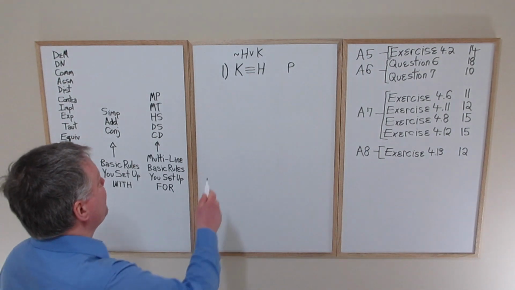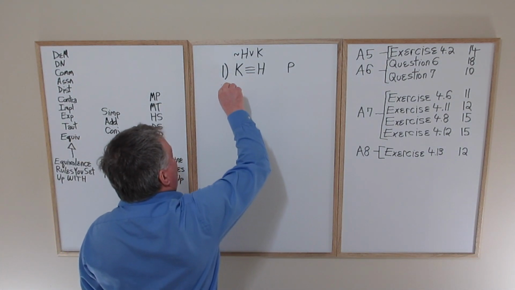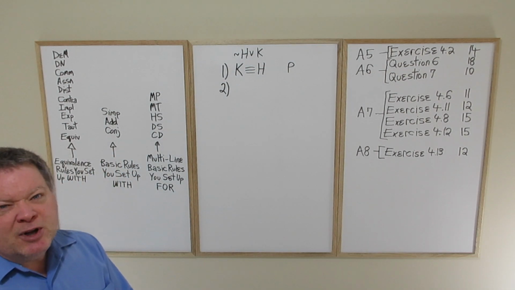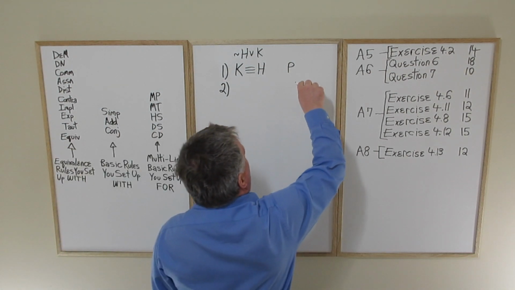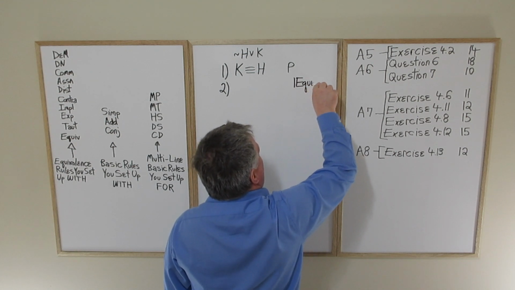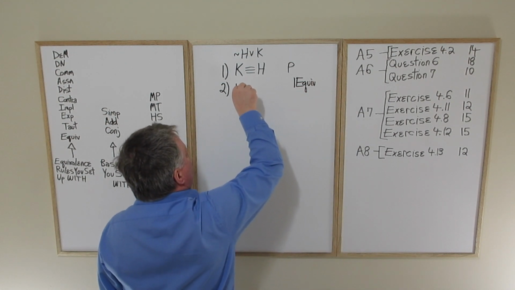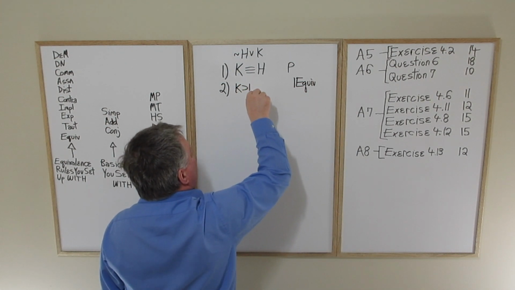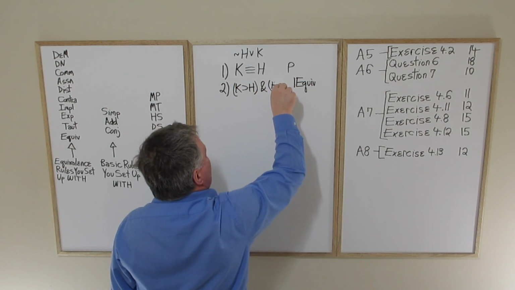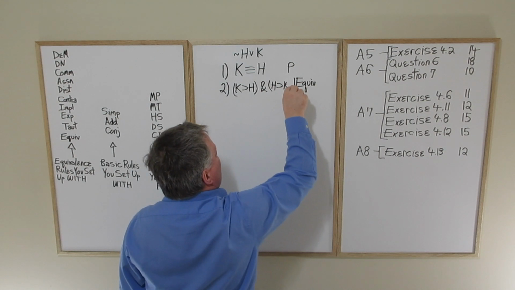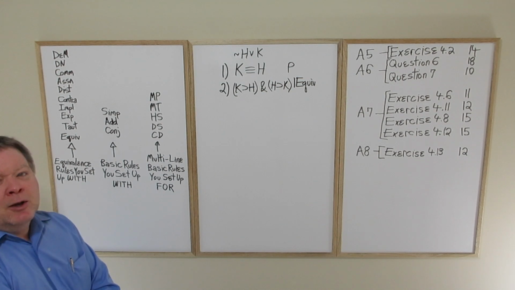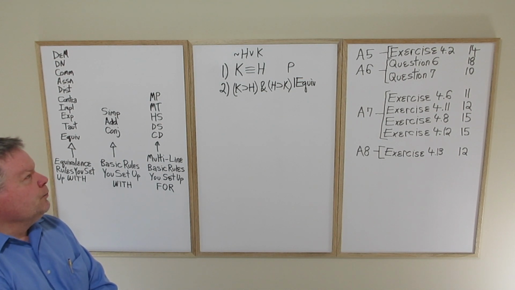In a sense, the first step is easy because there only is one rule for the biconditional, namely equivalence. And equivalence, if we use the top version, allows us to split any biconditional into a conjunction of mirror-imaged conditionals.